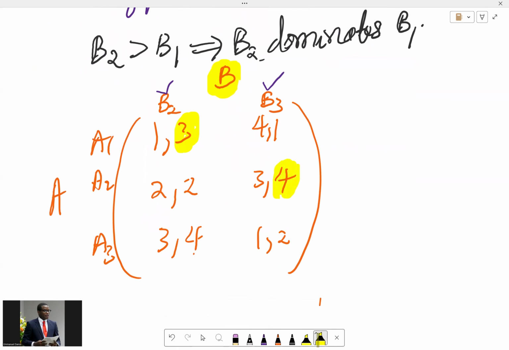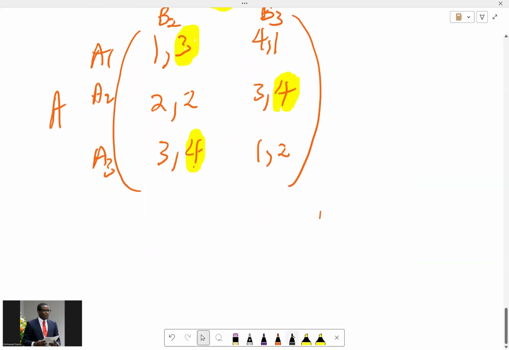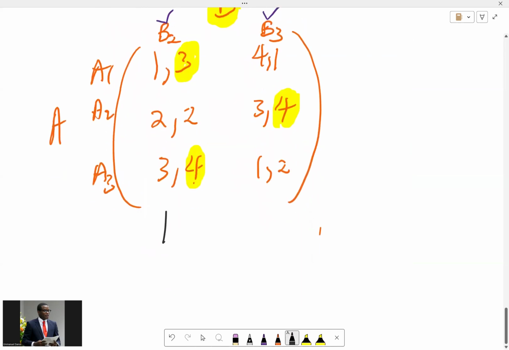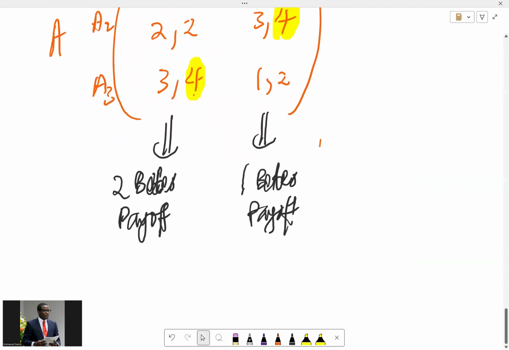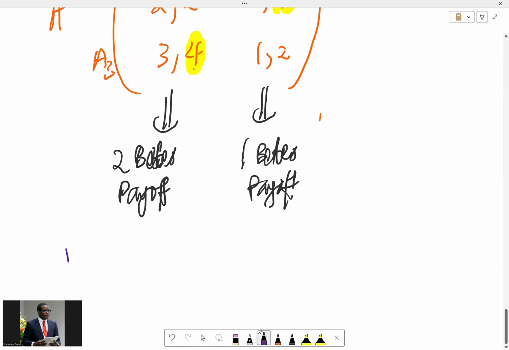If player A chooses strategy A3, the best payoff is 4, which is coming from B2. So now it's easy to break the ties because we have two better payoffs coming from strategy B2, whereas we have only one better payoff from B3. So now we have a clear winner. We see that strategy B2 is better than strategy B3.